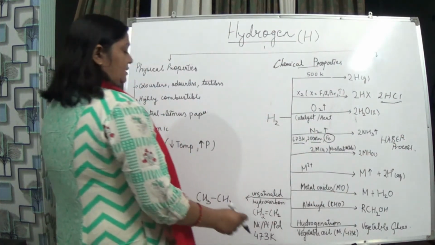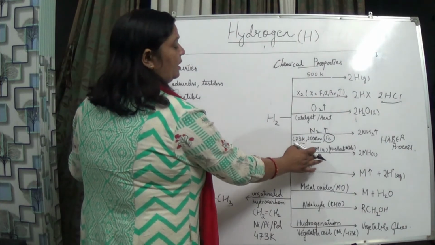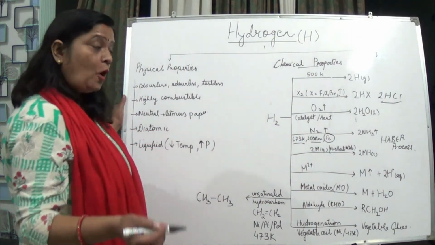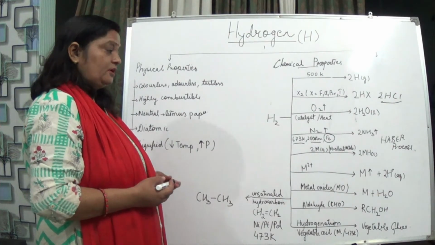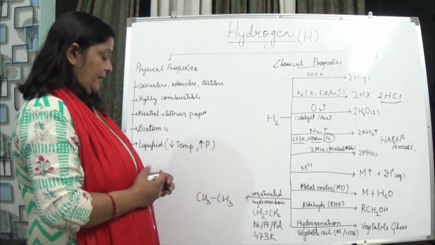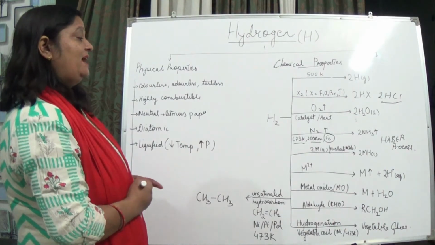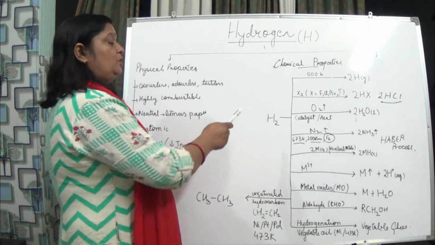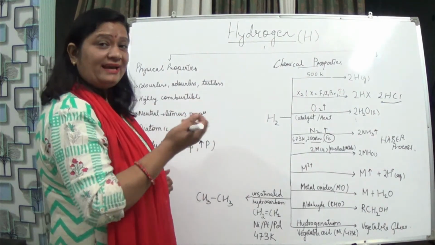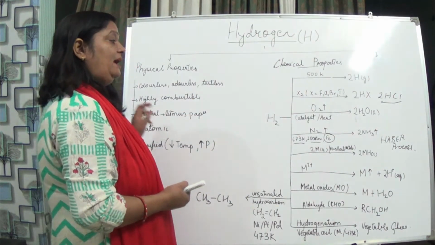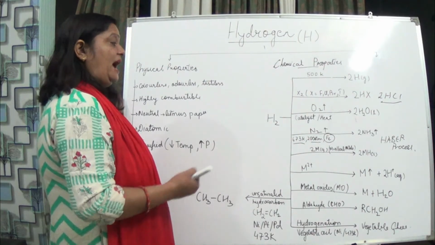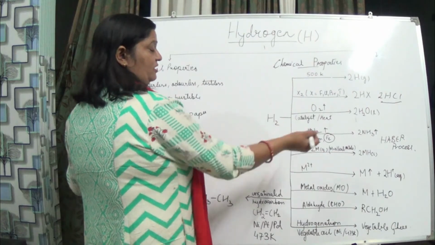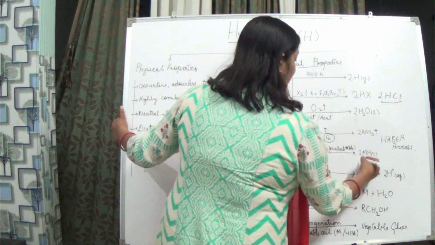Now this hydrogen reacts with alkali metals, and naturally it forms the corresponding hydride. Here we can see that the alkali metal gives electrons to hydrogen, and hydrogen accepts the electron. An ionic bond is formed, with the formula MH. Suppose it reacts with sodium, it forms what?